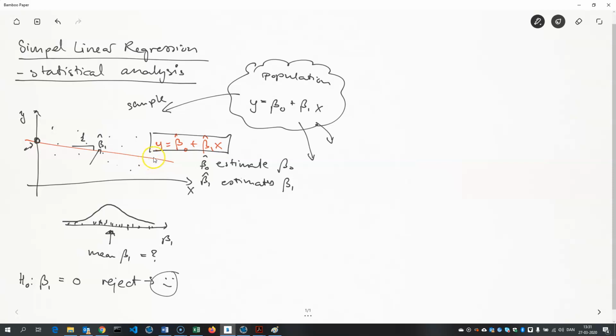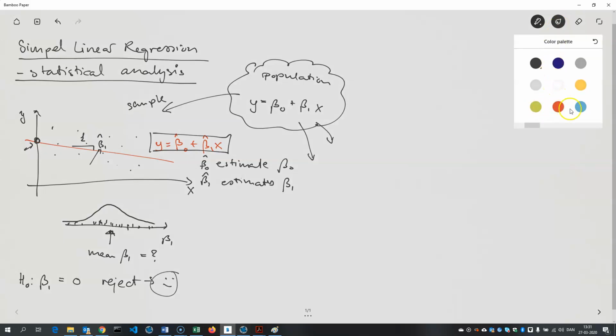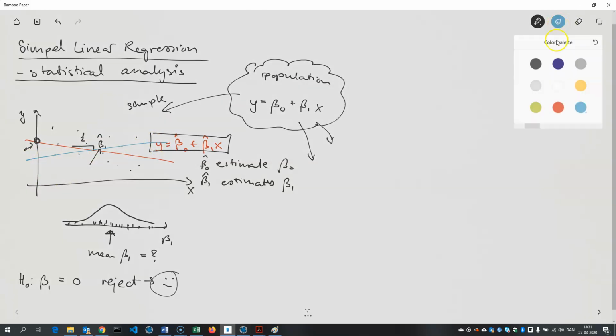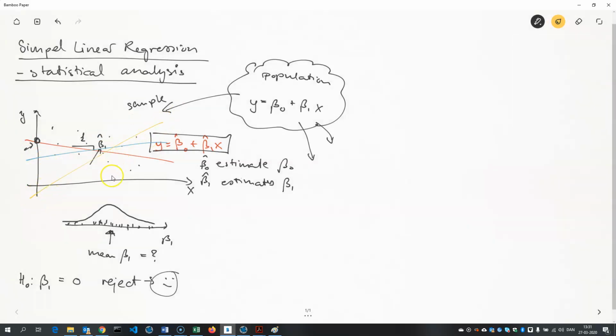But just remember again, this is just one out of many possible samples that we could make. Next time we do this experiment, maybe we get a regression result which looks like this. And next time we do the experiment, we might get a regression result that looks like this. I don't know. That's a possibility.